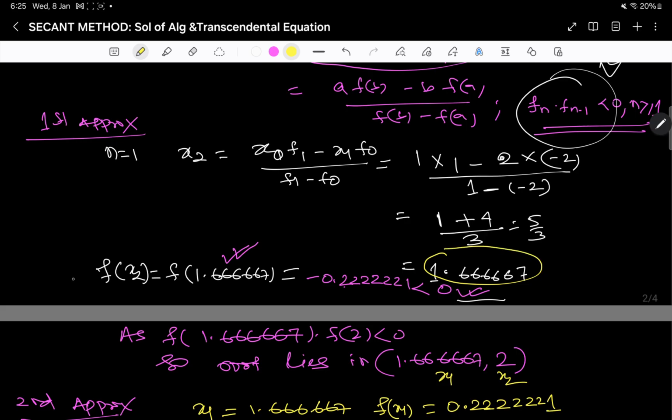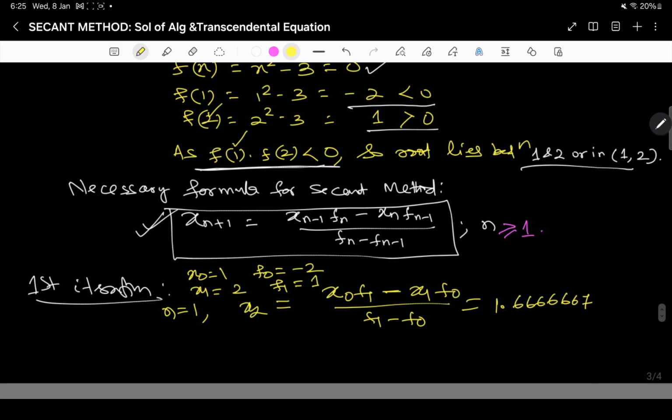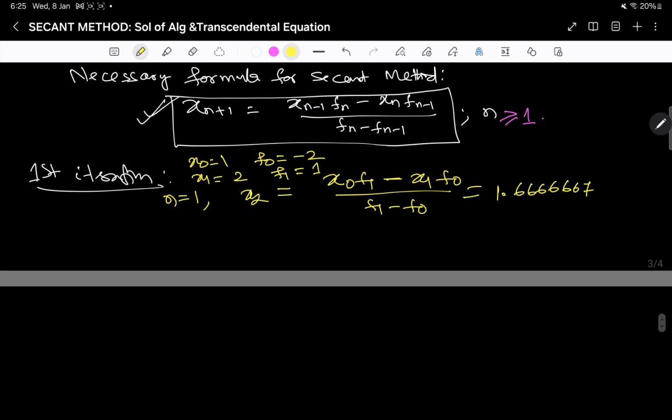Now unlike here, we get f1 here, the same thing, but there we subsequently get f(x2) and check it, but this thing is relaxed here. We just find f(x2) is needed, but we don't need whether it is positive or negative. Then I find x3 for the second iteration.